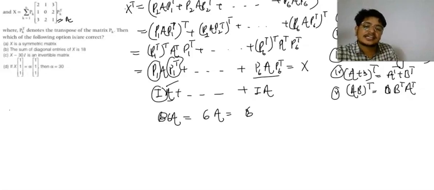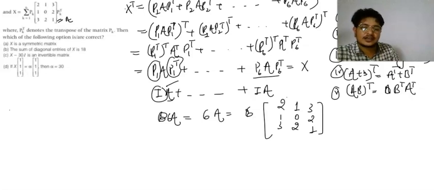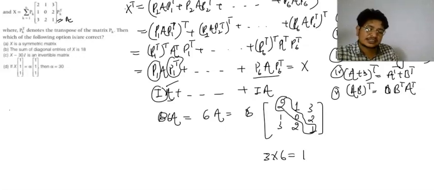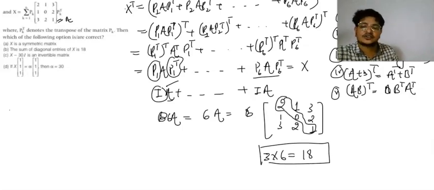Now if I expand A, I can write the value as 2 1 3, 1 0 2, 3 2 1. If I add the diagonal, I get 3, and 3 into 6 is equal to 18. So the answer is 18, and option B is also correct.